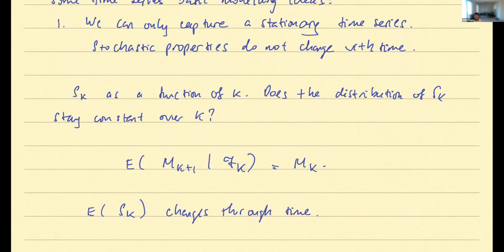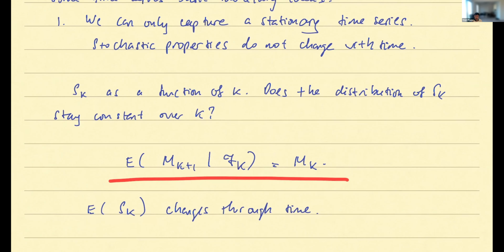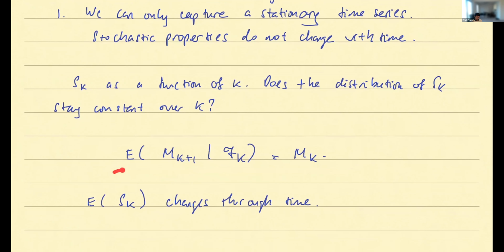By the way, I'm saying this in terms of the physical probability. Maybe you can say, well, if I look at the risk neutral probability, then they stay constant through time. Point taken.